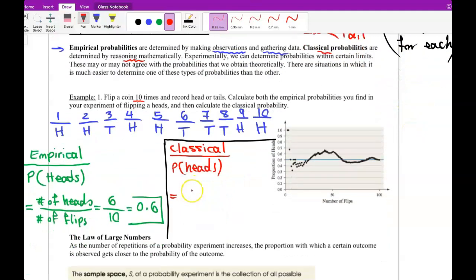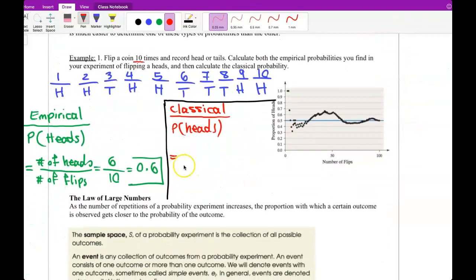So we're gonna use that here. The numerator is the number of heads on the coin, and the denominator is the number of possible outcomes.